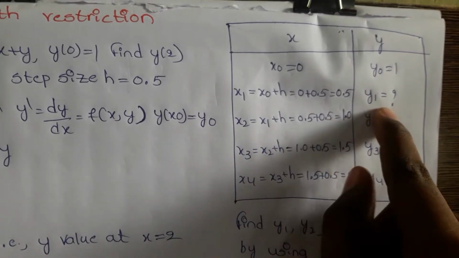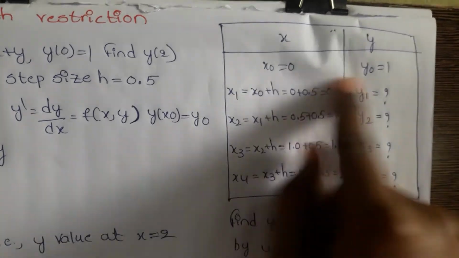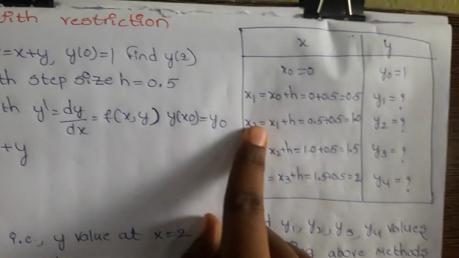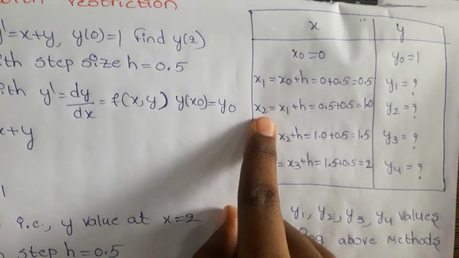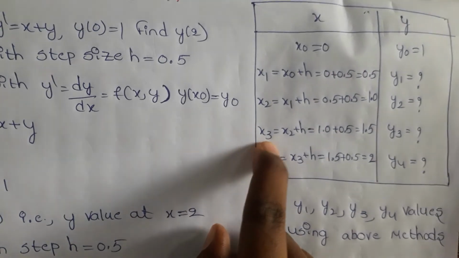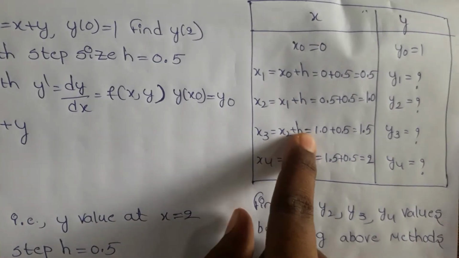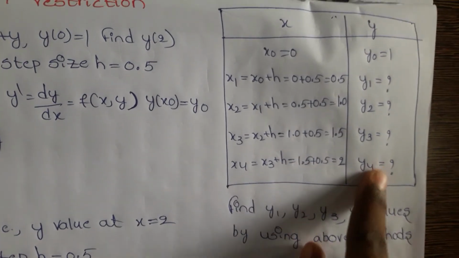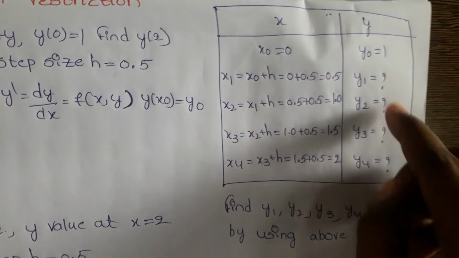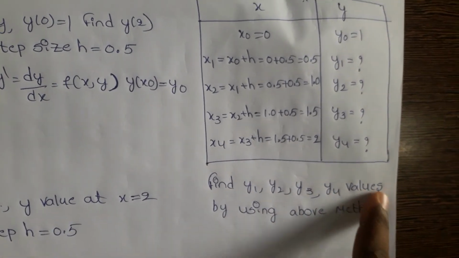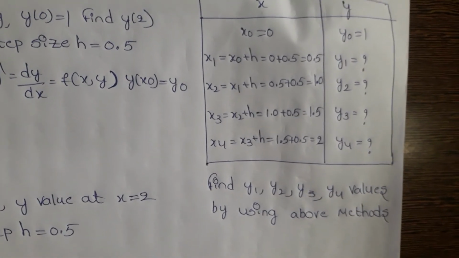Here y0 is 1, the initial condition, and y1 you need to find. For x2 it is the previous x1 plus h. For x3, the previous x2 plus h. For x4, x3 plus h, and we need to find y4. So we need to find these y1, y2, y3, y4 values by using any one of the methods.